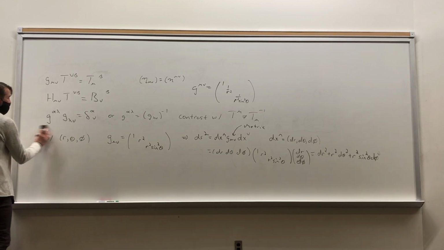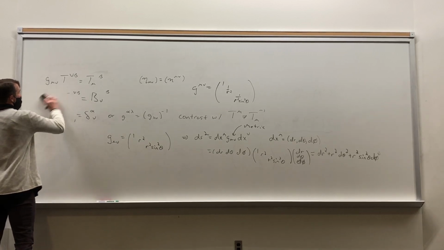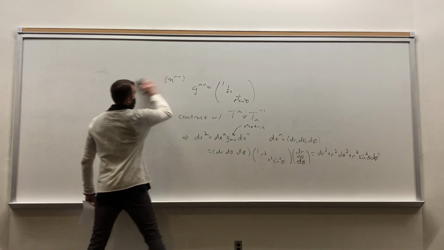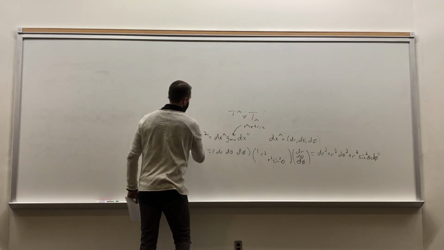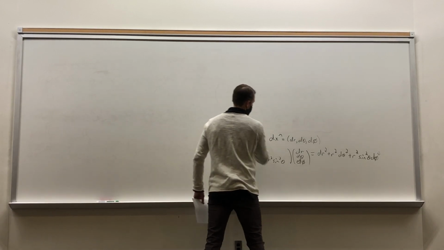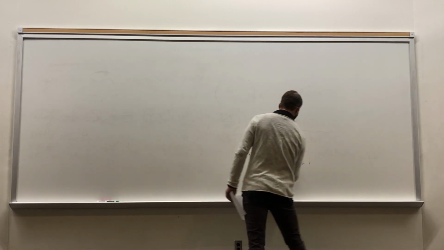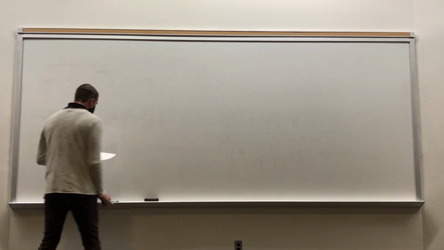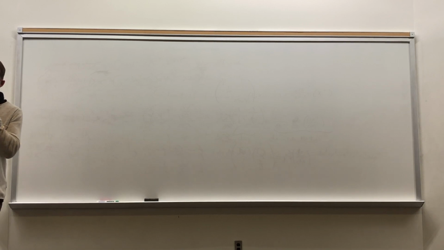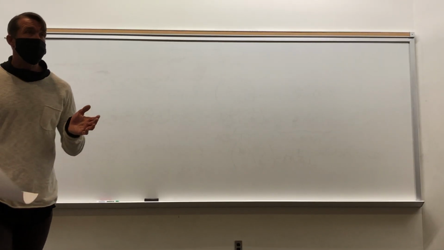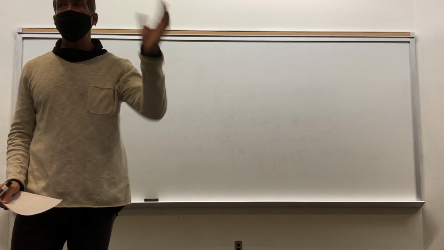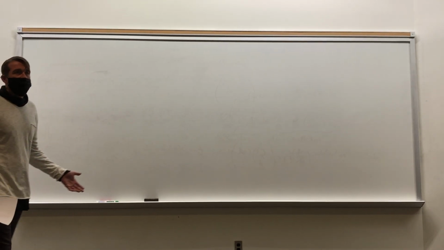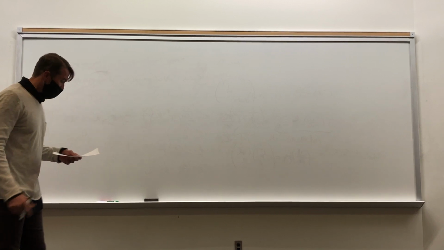I'm going to erase this, even though I'm going to end up writing it back on the board in a few minutes. Okay, so first of all, a single space can admit many different metrics. It's not that a space has one metric. You can have many different metrics. Okay? In fact, what coordinates you use for the space is going to influence the metric.